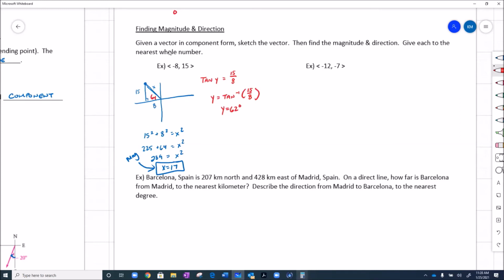So, looking at how I made that angle, all that jazz, we can call this 62 degrees north of west. All right, because it's going from here to here. So, magnitude is going to be 17, and then the direction is going to be 62 degrees north of west. All right, try this next one out.